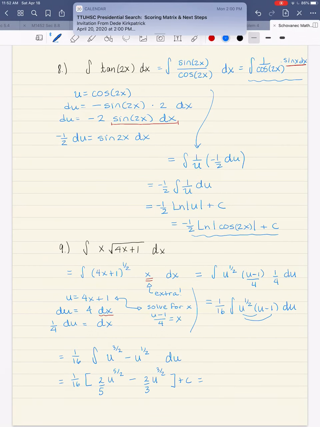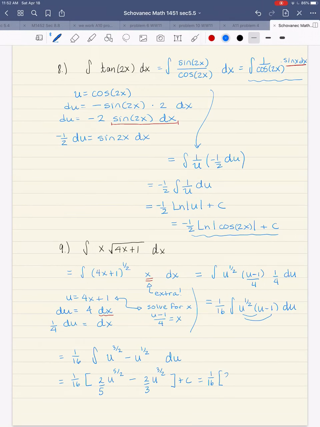And each u is 4x plus 1. So we can write our final answer as 1/16, 2/5 of 4x plus 1 to the 5/2 power minus 2/3 times 4x plus 1 to the 3/2 power plus that constant of integration.